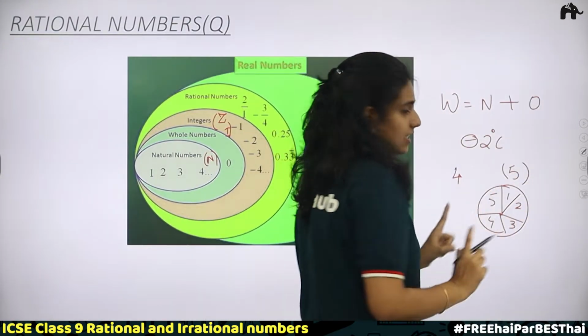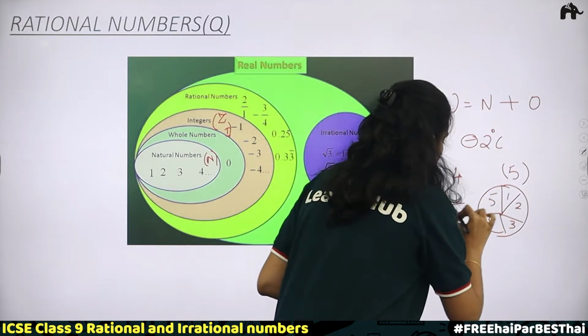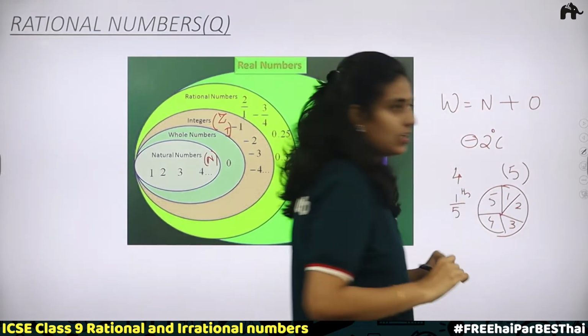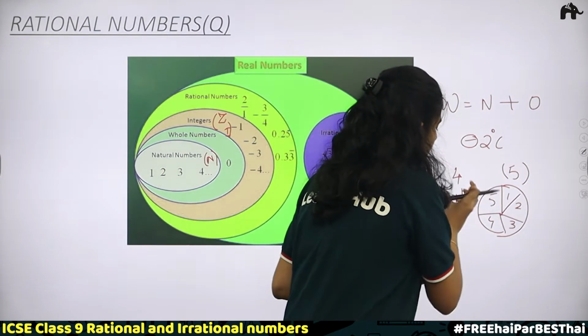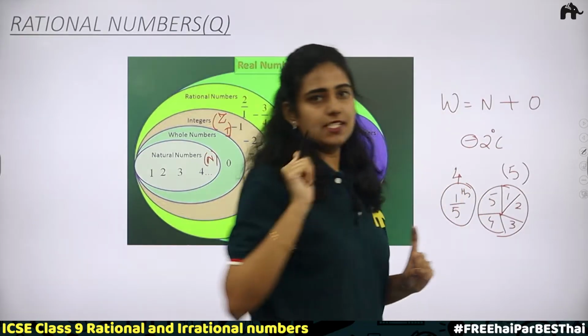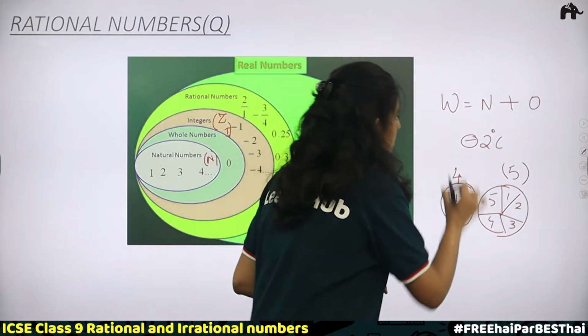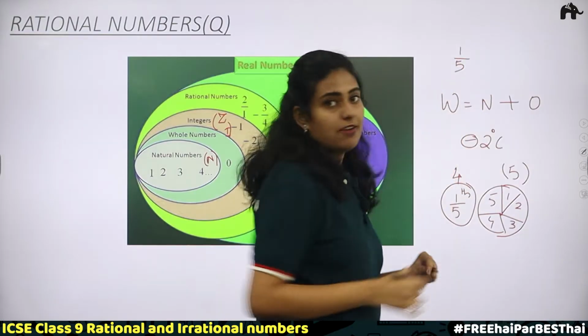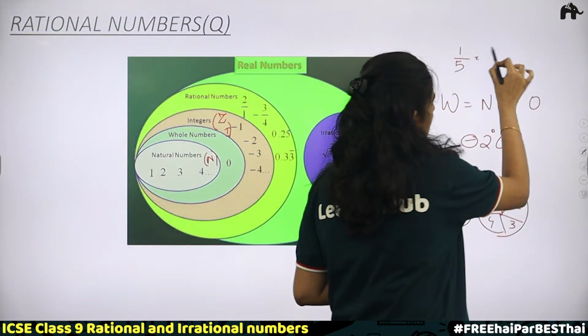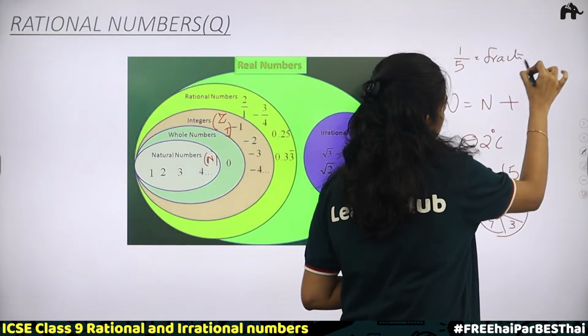So one person gets 1/5 of it. 1/5 of the whole pizza is what a single person is getting. So here this 1/5 is a fraction.